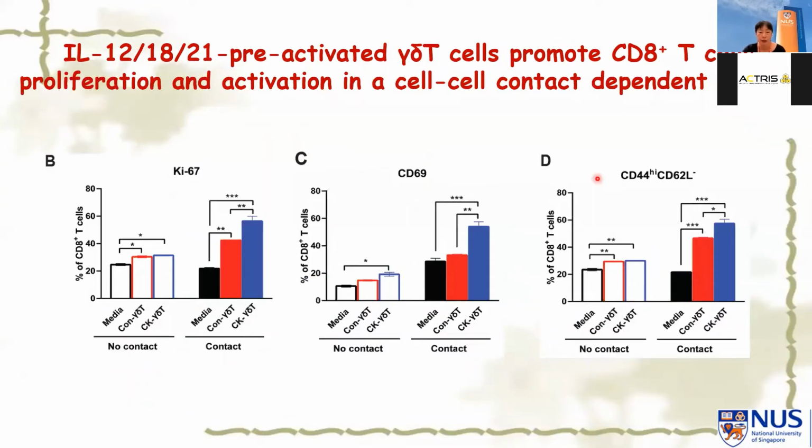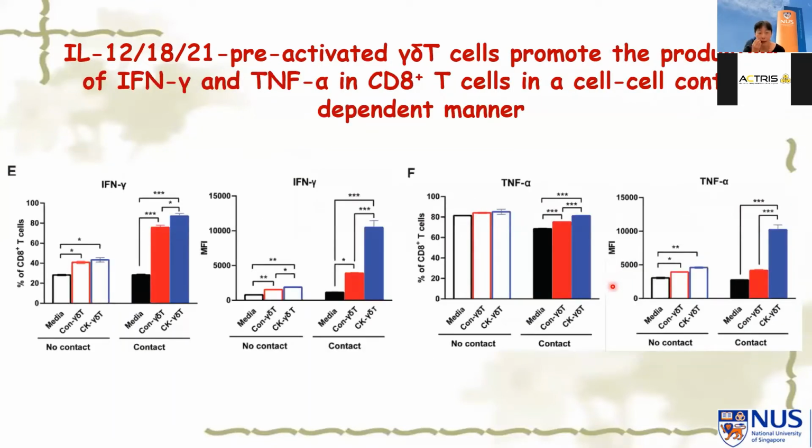So after co-culture here, you can see the one with contact, there's increased CD8 T cell proliferation with Ki67 staining, increased early activation marker expression, and then the CD64 expression also higher. So if you look at the one with no contact, there's very minimal increase here, suggesting you do need cell-cell contact.